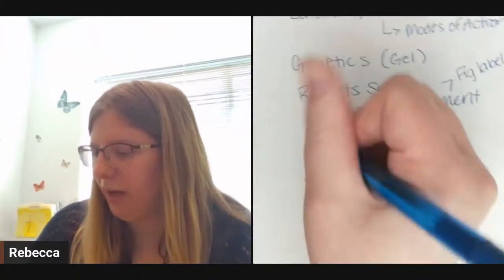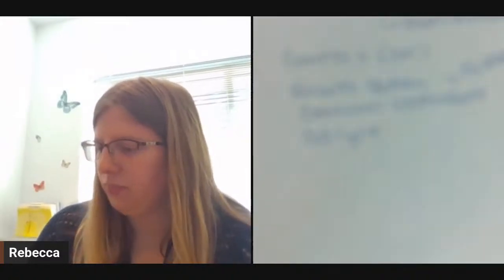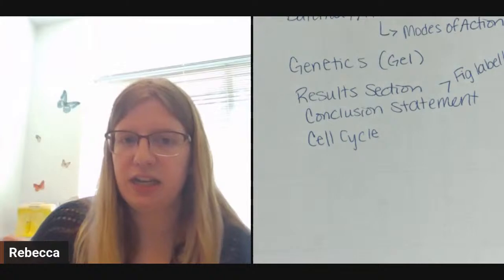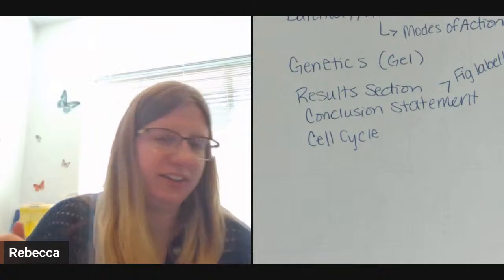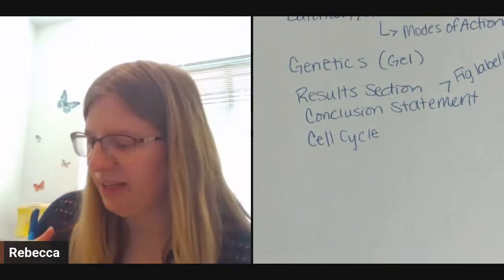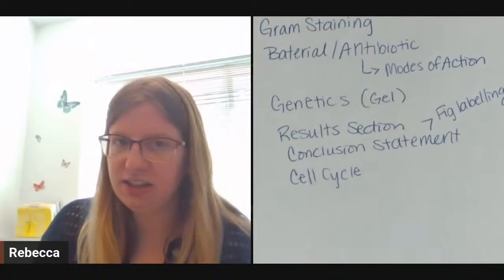Other topics were about the cell cycle, and so how those cells might look under a microscope if we were able to stain them. Hopefully you guys can chat in and provide some answers or ask some questions.